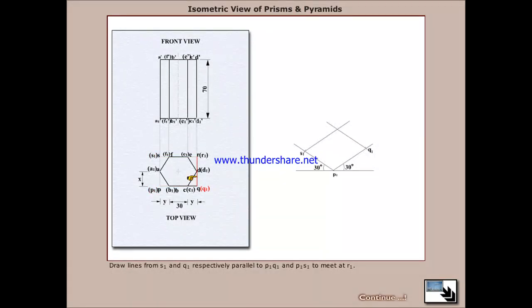Draw lines from S1 and Q1 parallel to P1Q1 and P1S1 respectively to meet at R1.